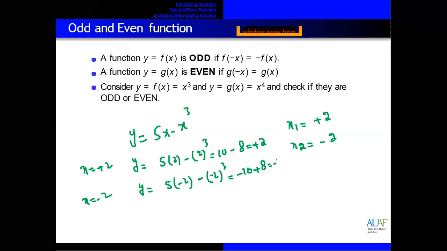So result equal to minus 2. First one, f of plus 2 equal to f of minus 2, but only with a negative sign. We have one plus 2, the second one is minus 2. So that function is called what?